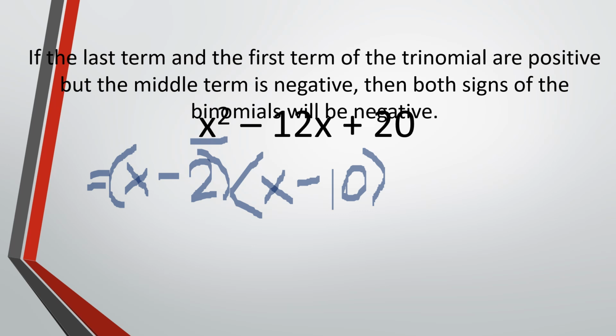Alright. Now, if you have x multiplied to x, the answer is x squared. If you have x multiplied to negative 10, the answer is negative 10x.